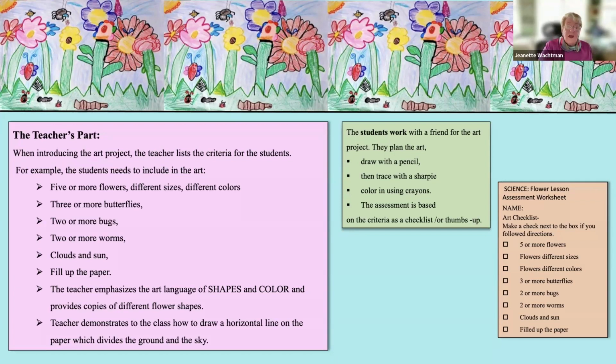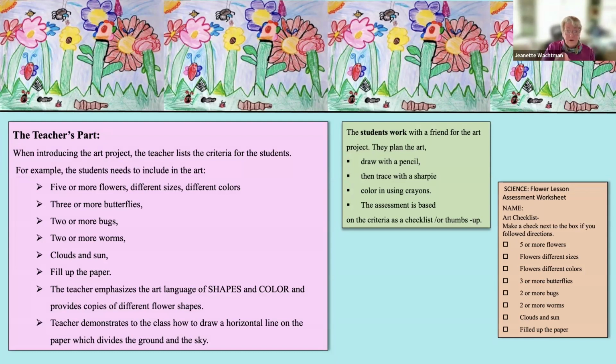Because if you just say to students, our art project I want you to do today is to draw and color a flower garden, well, they might draw 1 or 2 flowers and put the sun up there. What you want to do is to enhance their experience. This is why you set up criteria. And that's going to be the project we're doing, a flower garden, with a partner. They're going to work together, a collaborative experience for them.